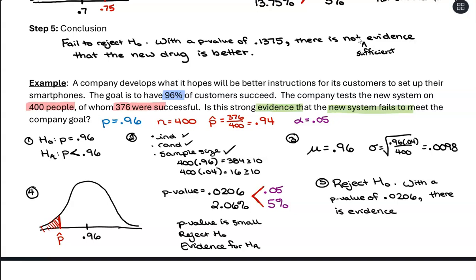Of course, this isn't great. So their system failed is what we have evidence for. So that proportion was significantly less than 96%. So there is evidence the new system fails to meet the company goal.